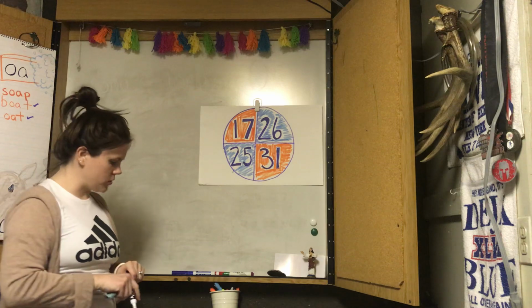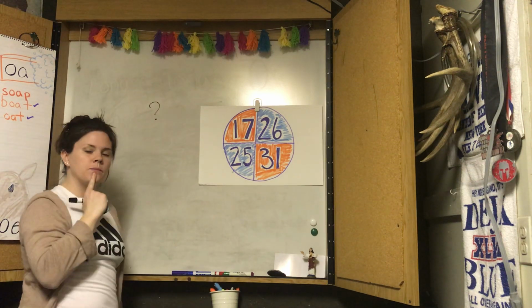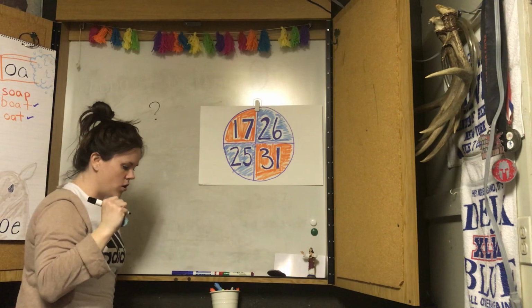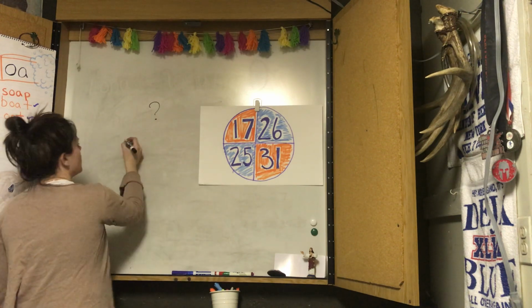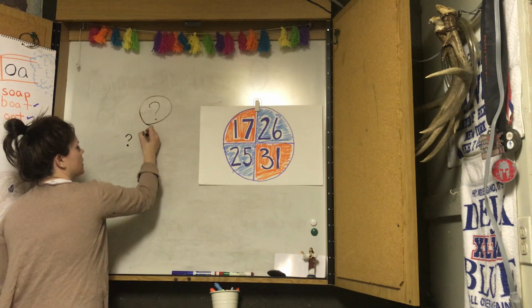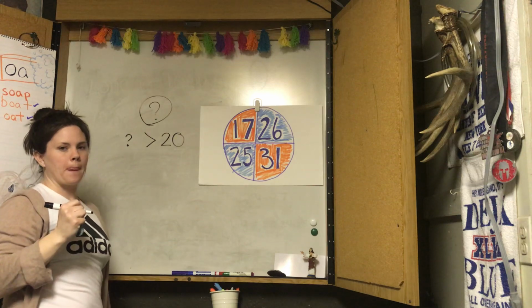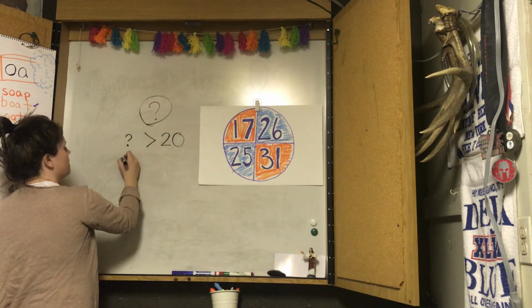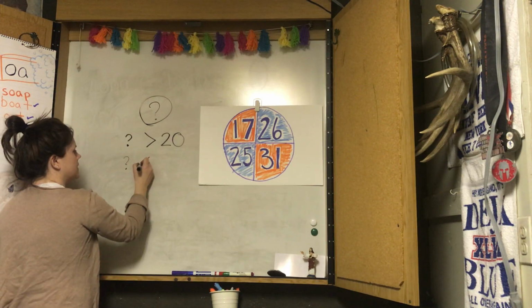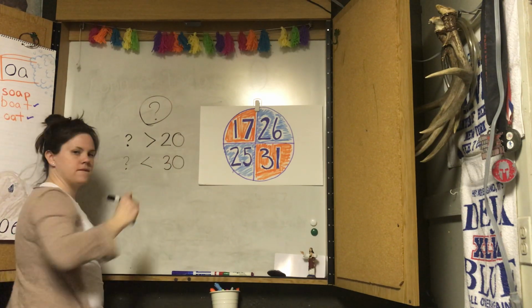Here are the clues. The number he lands on is greater than 20. So our mystery number is greater than 20. Our mystery number is less than 30.